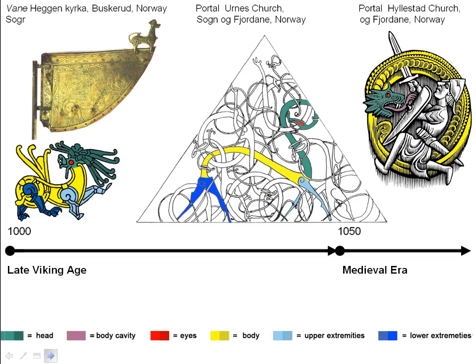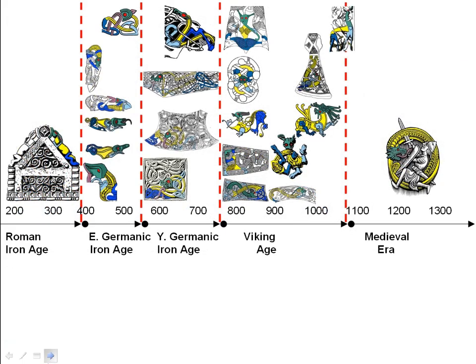And this is a beautiful example of how foreign elements are integrated and merged with traditional pictorial language. So here we have it, the development of animal art from the migration period or pre-migration period until the early medieval time in a nutshell.